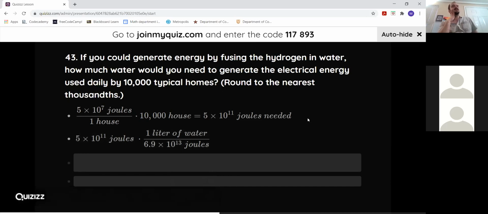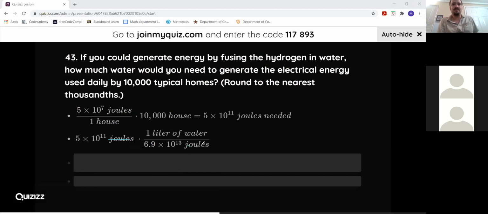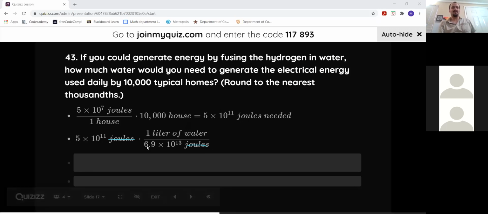And so I know I need this total many joules for 10,000 houses. I know every 1 liter of water will give me 6.9 times 10 to the 13th joules. So the way I set it up is that when I multiply this by this, I set it up with my joules on bottom over here so that my joules would cancel joules on top over here. This is going to give me total liters of water that I'm going to need for the 10,000 houses.